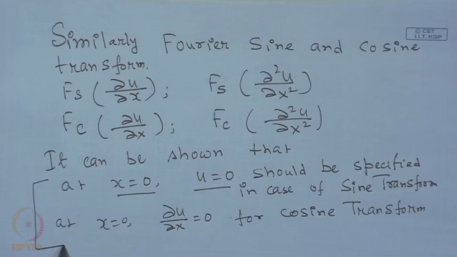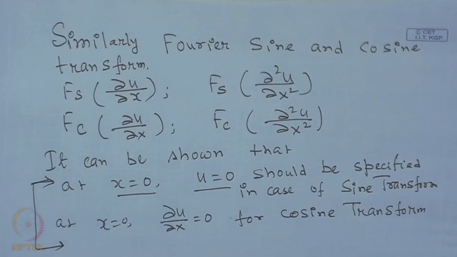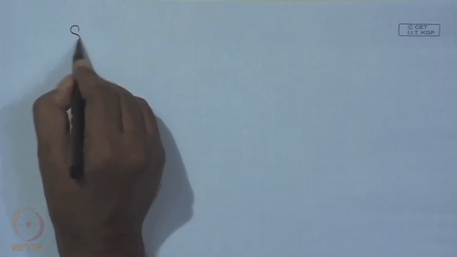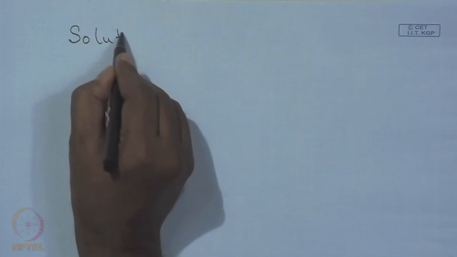So, these are very important. Now, based on these conditions, if these boundary conditions are specified, one can know which transform one can apply, whether it is a sine transform or a cosine transform. Okay. Next, we do a problem of chemical engineering application. We look into the solution of the diffusion equation.